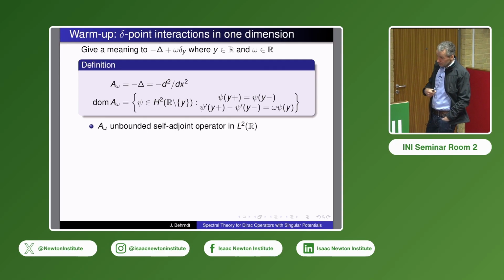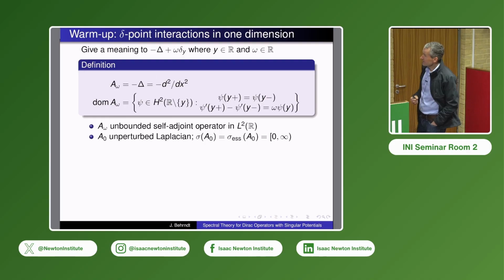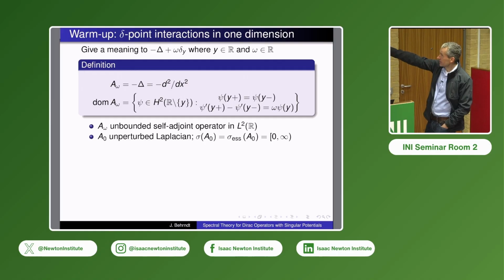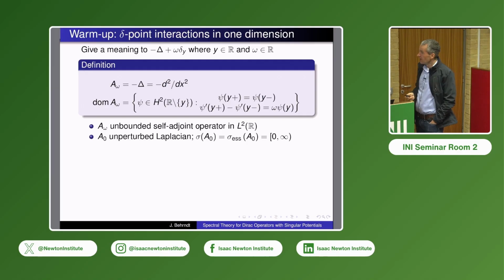So it works in the sense that this is a well-defined self-adjoint unbounded operator. It also works in the sense that if you formally put omega equals 0, you see the second condition becomes continuity of the derivative. And then you are back with the usual Laplacian. So then psi and psi prime are both continuous. This becomes H2, and everything is all right.